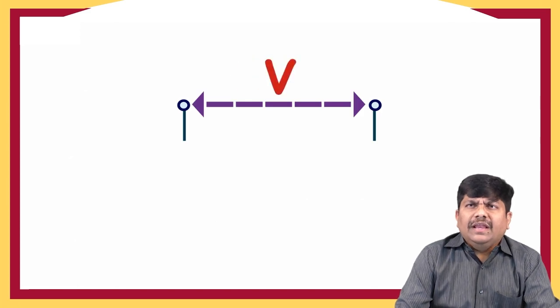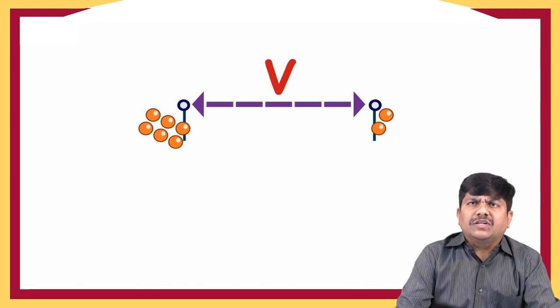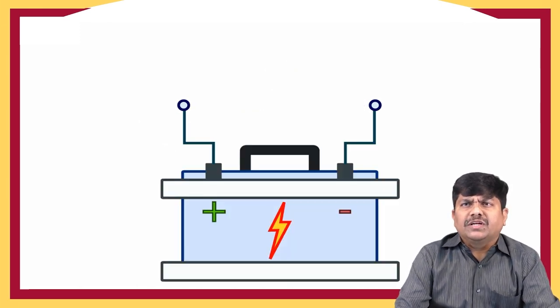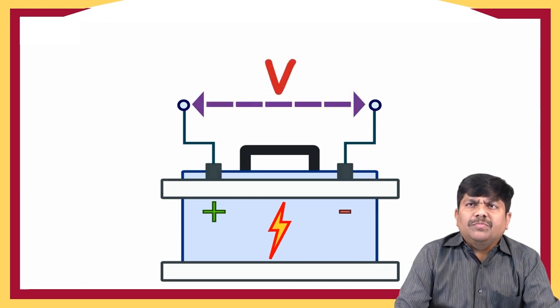Across the two terminals of a conductor, because of different charge concentrations, there will be a potential difference. Let us take a battery. A battery has two terminals, and definitely there will be a potential difference between them.